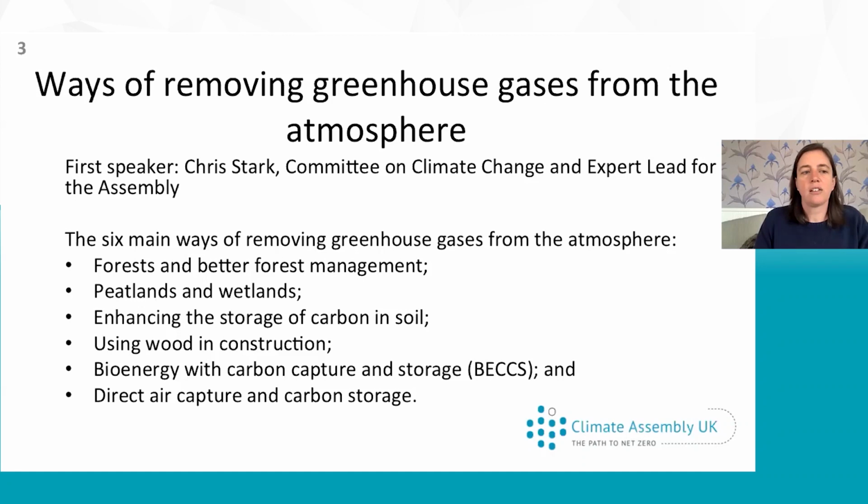Secondly, peatlands and wetlands. Thirdly, enhancing the storage of carbon in soil. Fourthly, using wood in construction. Fifthly, bioenergy with carbon capture and storage, often called BECCS. And lastly, direct air capture and carbon storage.